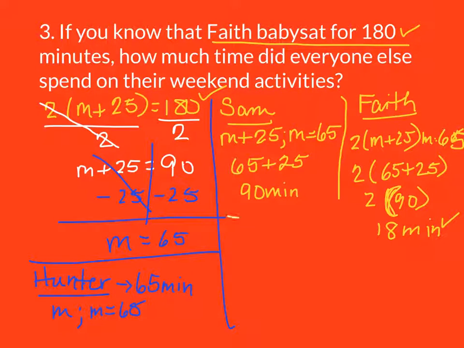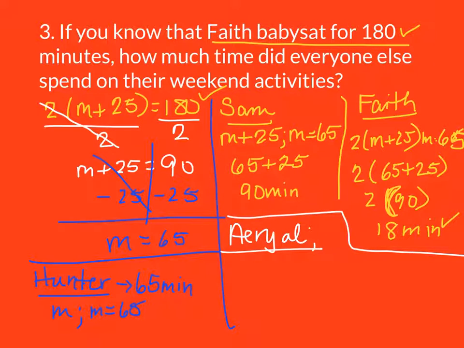And then finally, we've got Ariel. The expression we wrote for Ariel is 3m plus 20. We know that m is equal to 65.